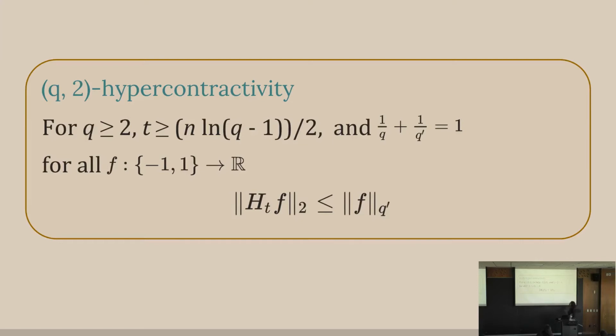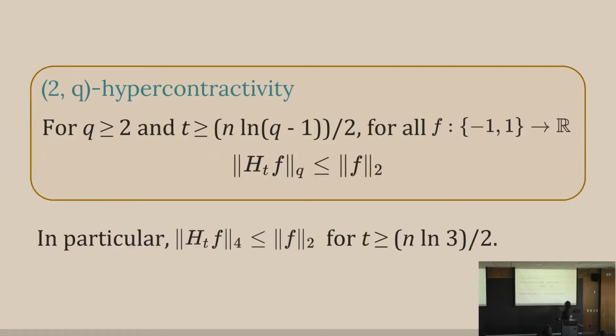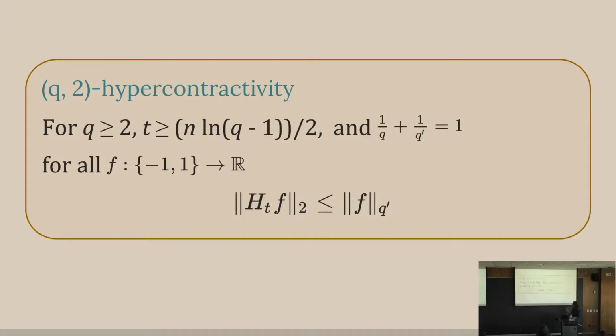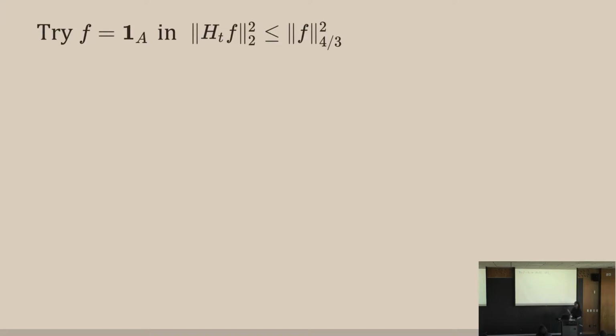Yeah, so here you have 2 on the F side, but we can also swap the places of Q and Q using a really short proof that involves Holder's inequality, and that tells you that if you take any Q and find the Holder conjugate, you can bound the 2 norm of HT of F. Why that's important is because if we plug in our indicator function example here, that will give us something pretty nice.